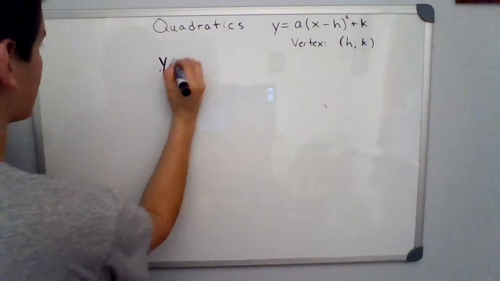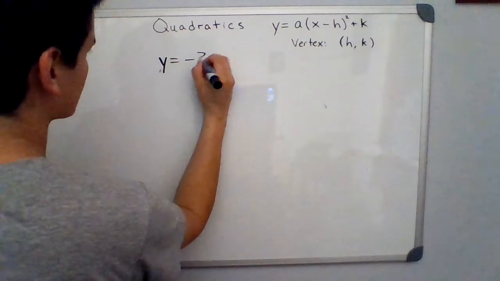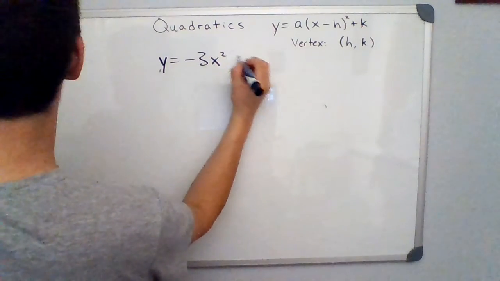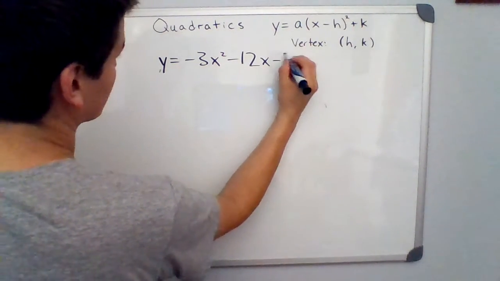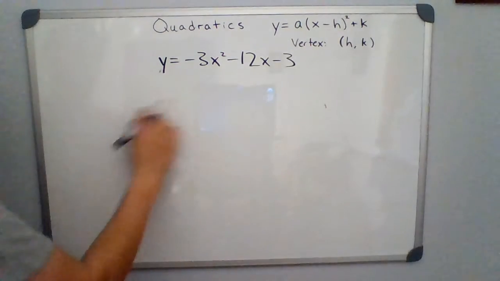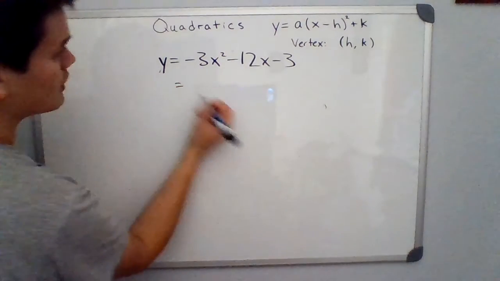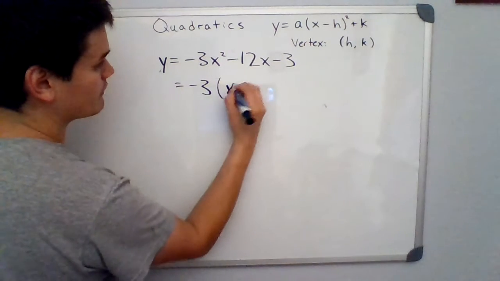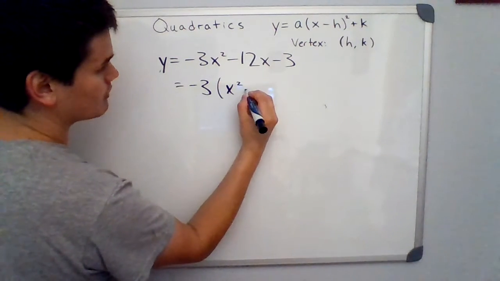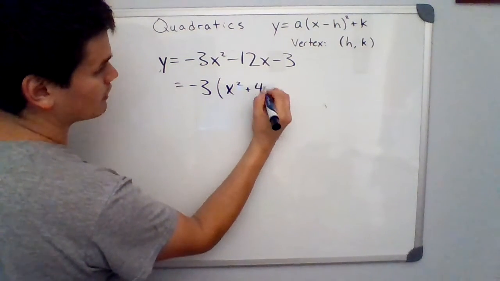So I have y is equal to -3x squared minus 12x minus 3. And I want to put it in that form, so I'm going to factor out a -3 out of the first two terms. So I'll have x squared plus 4x.